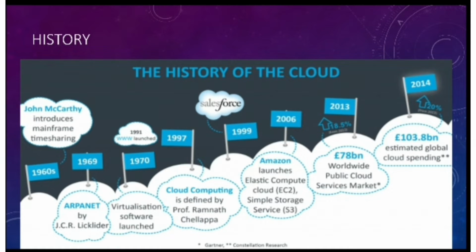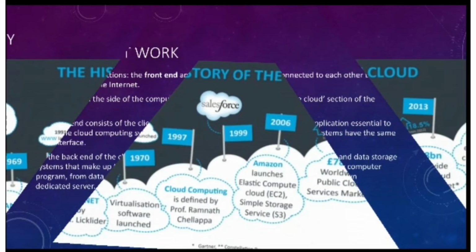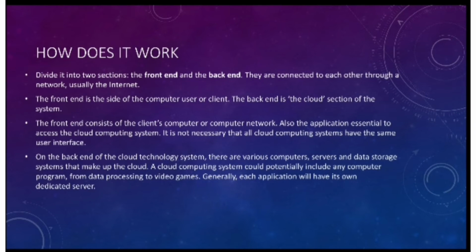So cloud has been a very important source of income for the country, because different applications have moved to cloud, seeing the benefits of cloud, and cloud came into existence in 1997. Then coming to how does cloud actually work.